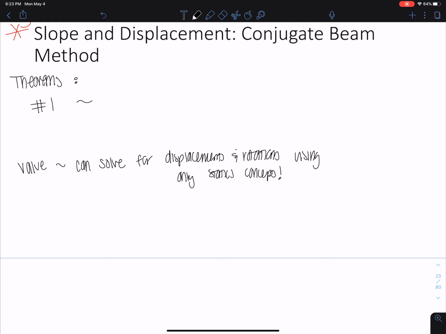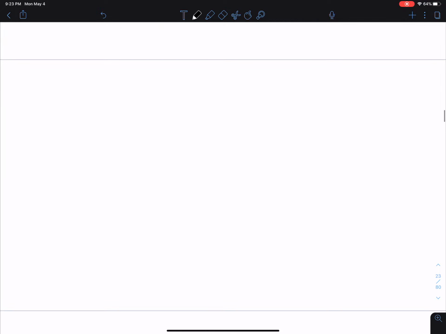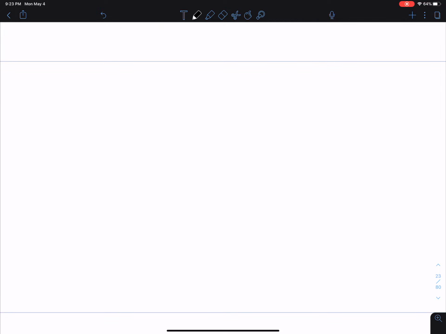Right. Okay, so before we get into an example, this method seems a little bit tricky before you implement it, but once you get the hang of it, it's actually very easy to understand. So I'm going to try to go through this slowly. Let's take a step back and remember our shear and moment diagrams.